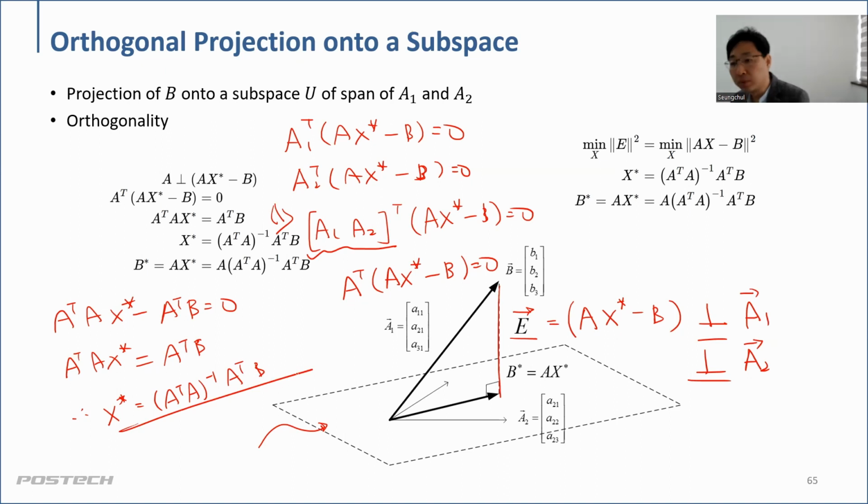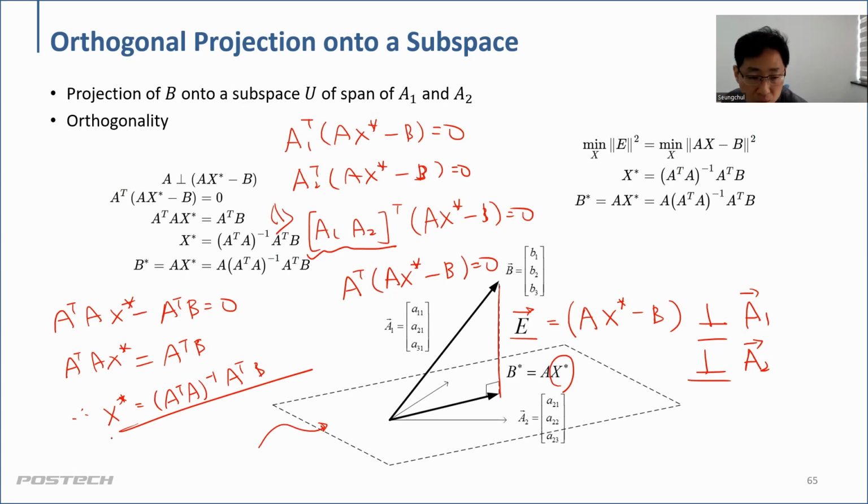That's how we compute this. I used a geometric interpretation, because the optimal solution has to be orthogonal. I use that property to compute x star, which is the best approximation in the Euclidean sense.